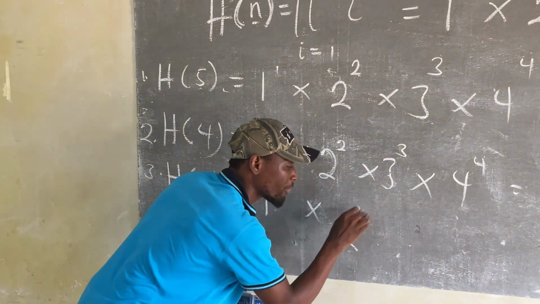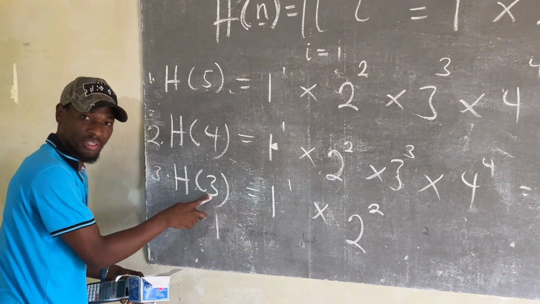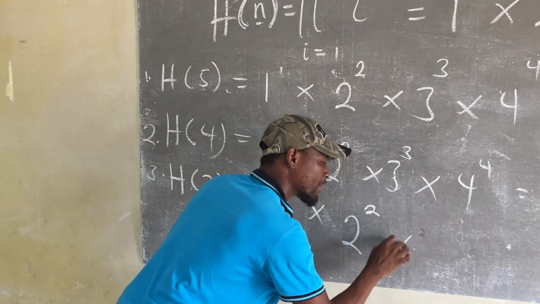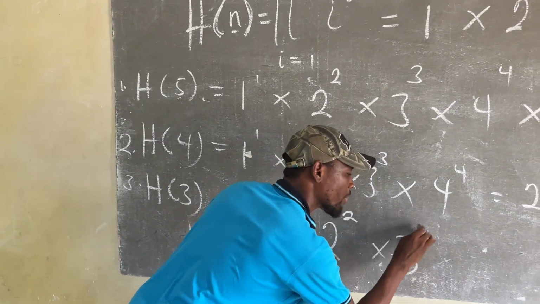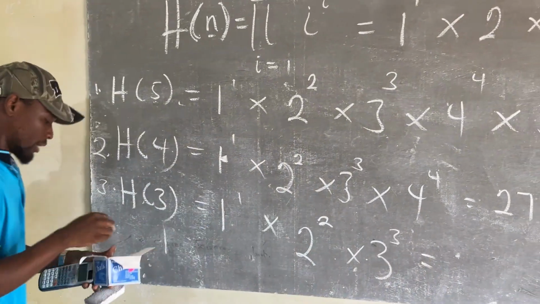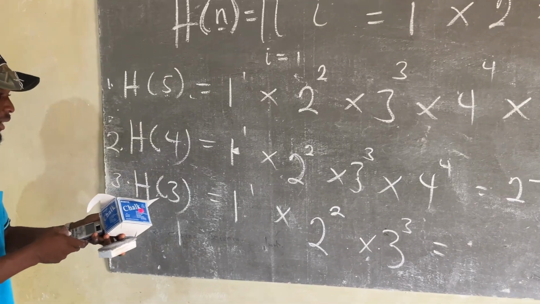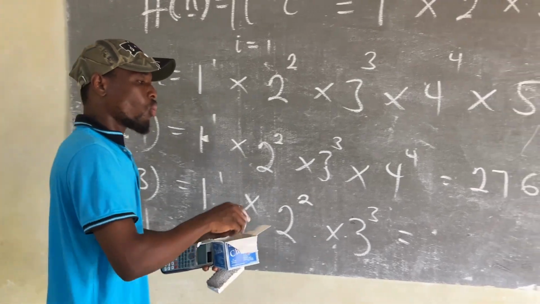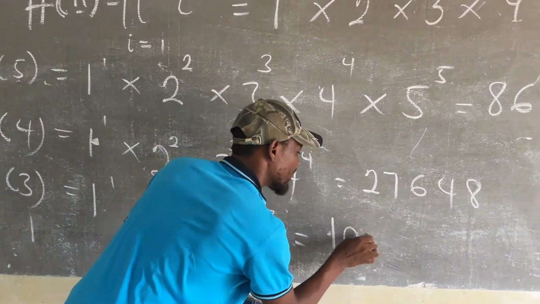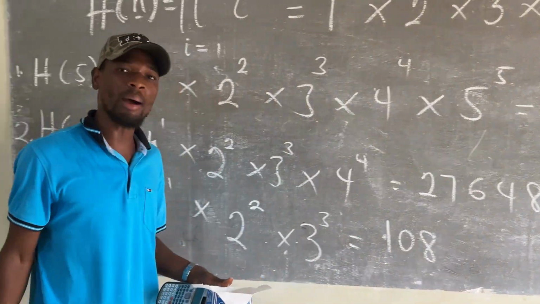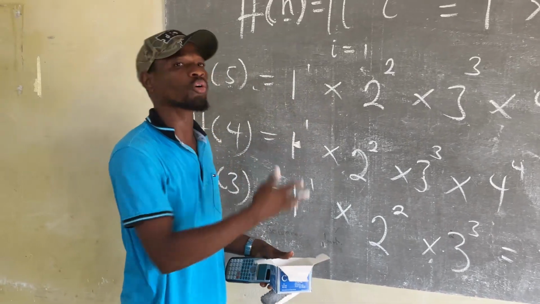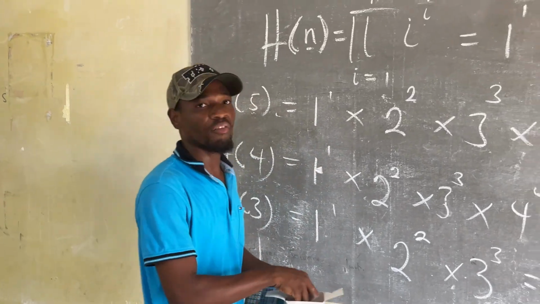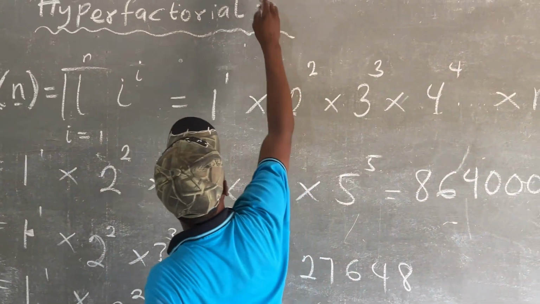So times 2 raised to the power 2, until you get to 3, then you stop at that point. Then times 3 raised to the power 3. With the help of the calculator, we are getting 108. So viewers, this is the end of this trivial topic under hyperfactorial.